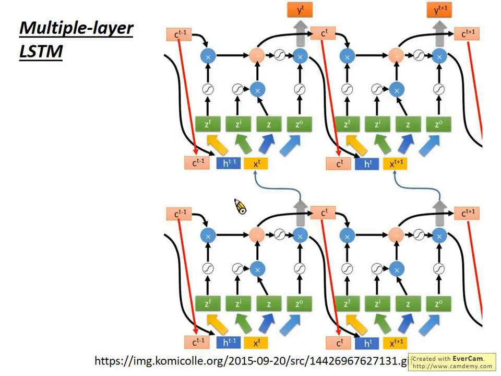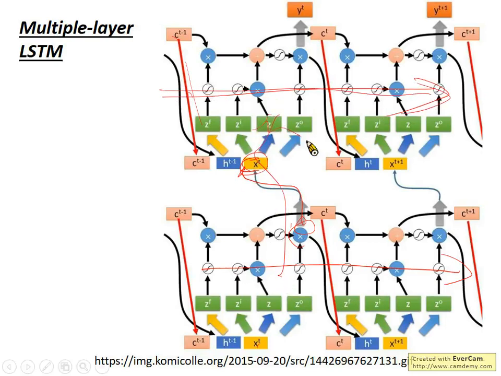In a deep learning framework, we don't have only one layer. We have many layers. This structure looks very complex because from this layer we have an output, and this output can influence the input of the next layer. We can see we have a temporal evolution and a layer evolution.